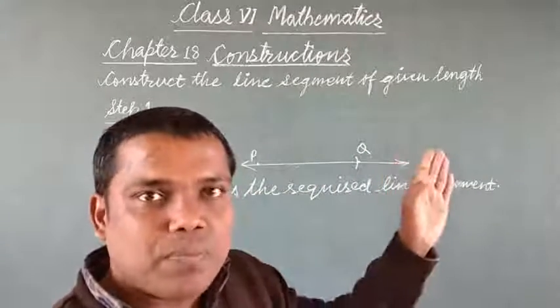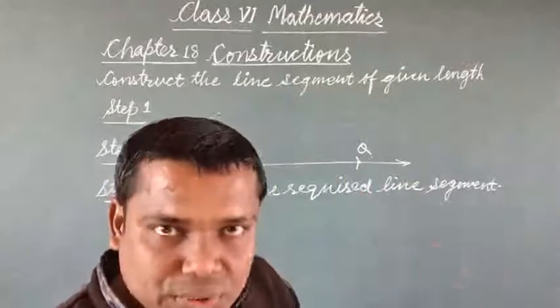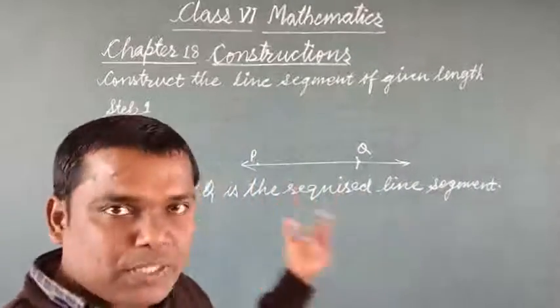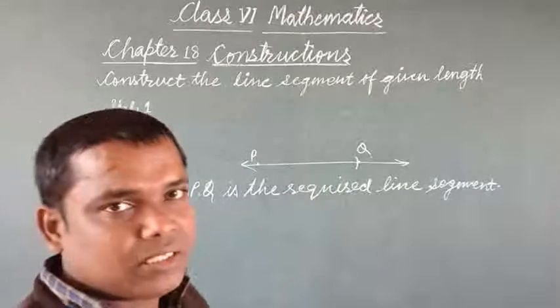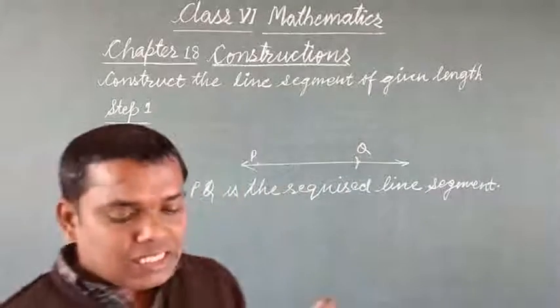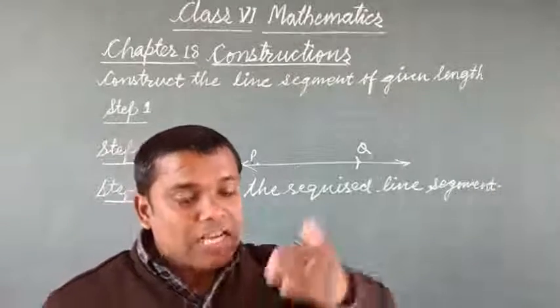Say the mark where it cuts is point Q, and then line segment PQ is the required line segment. Okay. The next one is constructing a line segment equal to a given line segment.